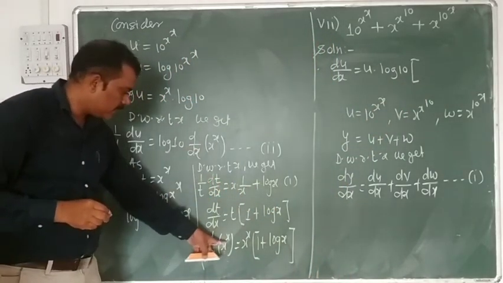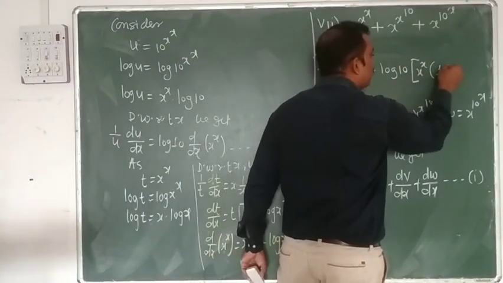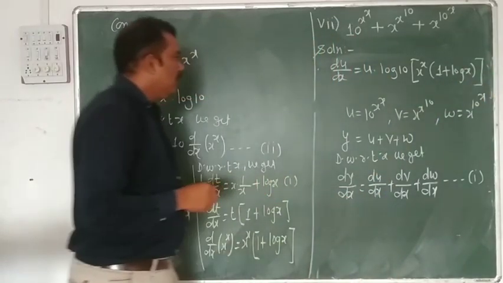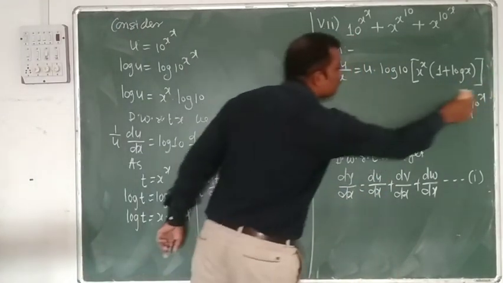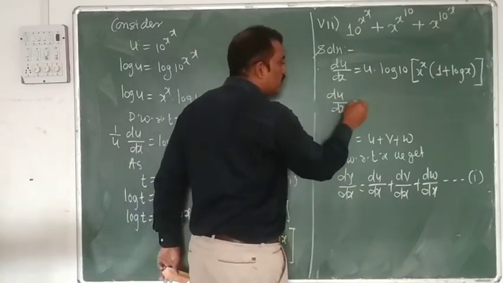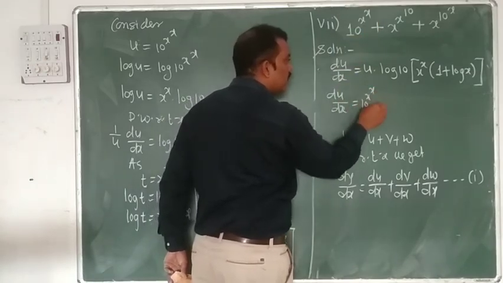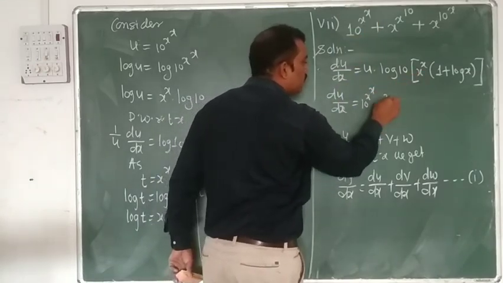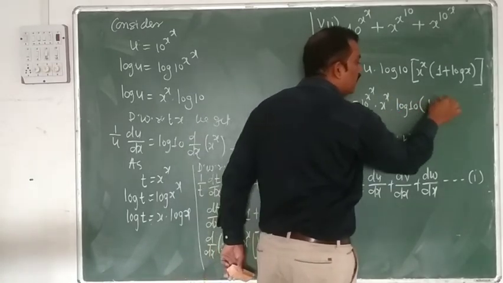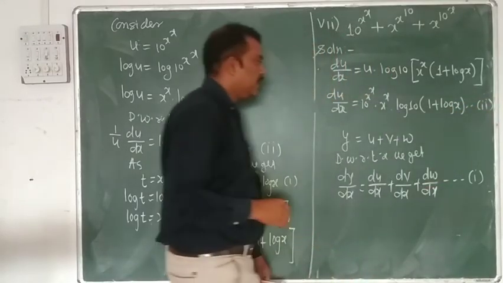What is d by dx of x raised to x? x raised to x into bracket 1 plus log x. So that du by dx is equal to, what is the value of u? 10 raised to x raised to x, 10 raised to x raised to x into x raised to x into log of 10 into bracket 1 plus log of x. This is number two.